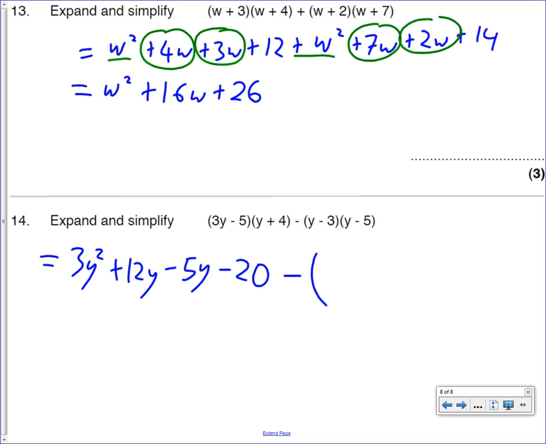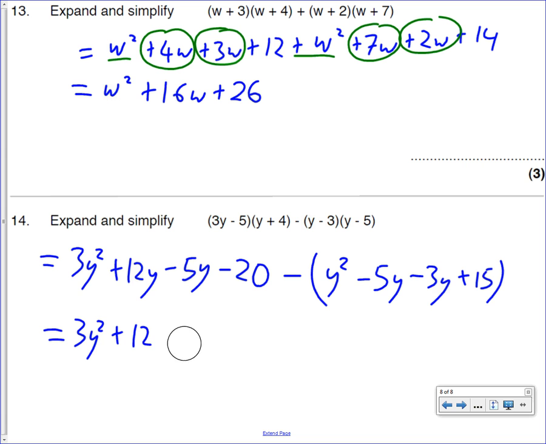So y times y is y squared, y times minus 5 is minus 5y, minus 3 times y is minus 3y, minus 3 times minus 5 plus 15. So I get 3y squared plus 12y, well I'll change that to plus 7y, simplify it, minus 20.